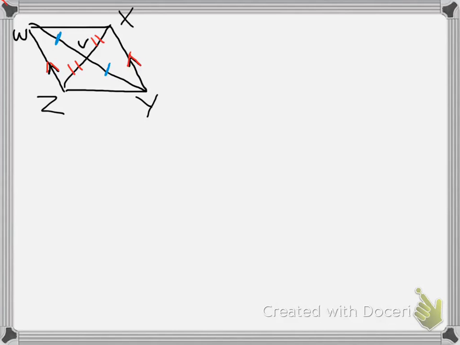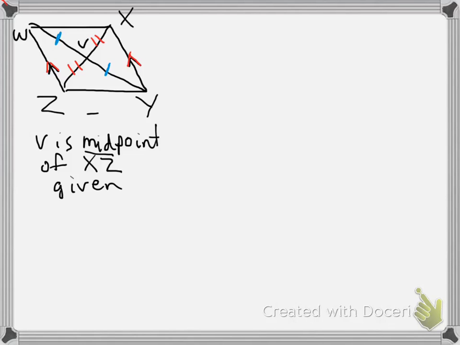So we know that first thing is V is the midpoint. And that was given to us. So that's our first thing we know.